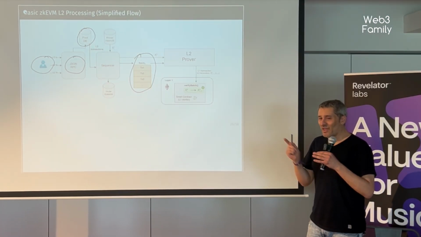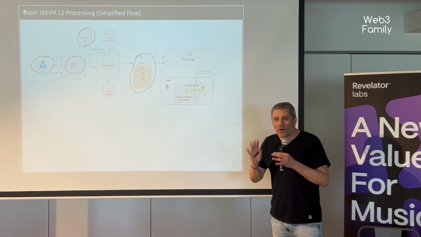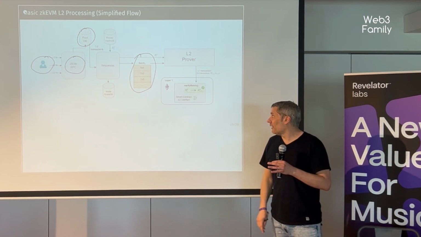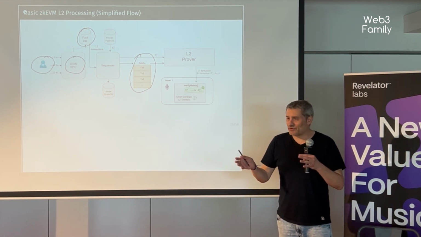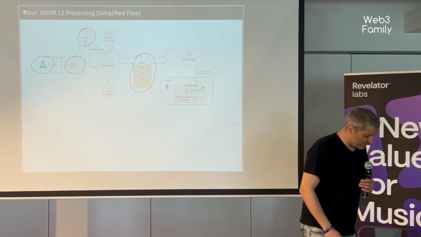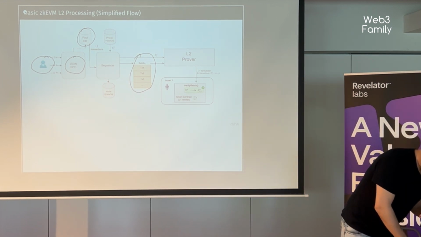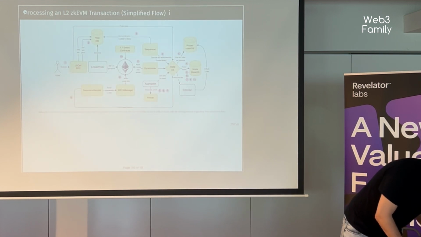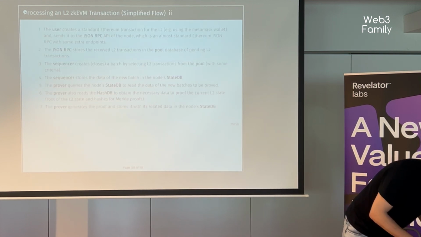And this is, at a high level, what Polygon and virtually all the zkEVM approaches do: Scroll, zkSync, and so on. Starknet, they do a different thing, I think, but okay. So, yeah, that's it.